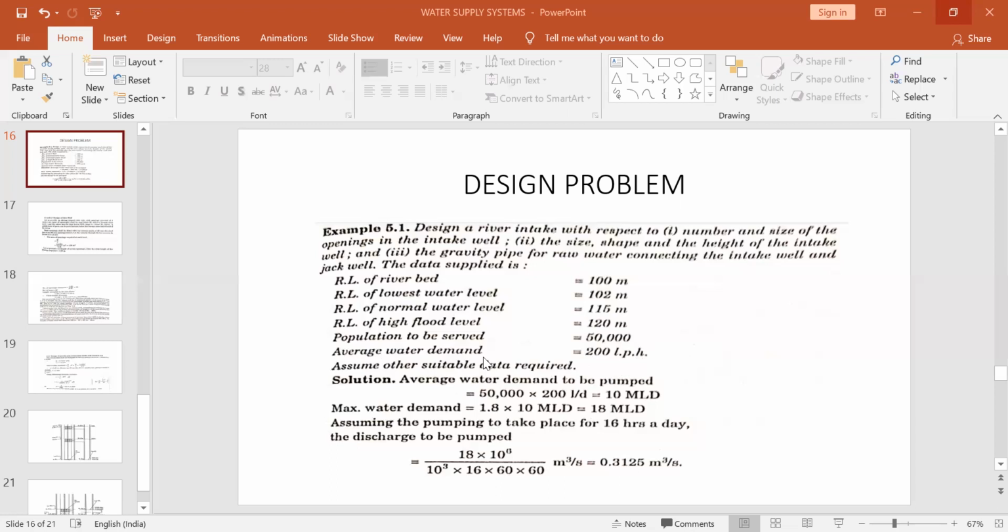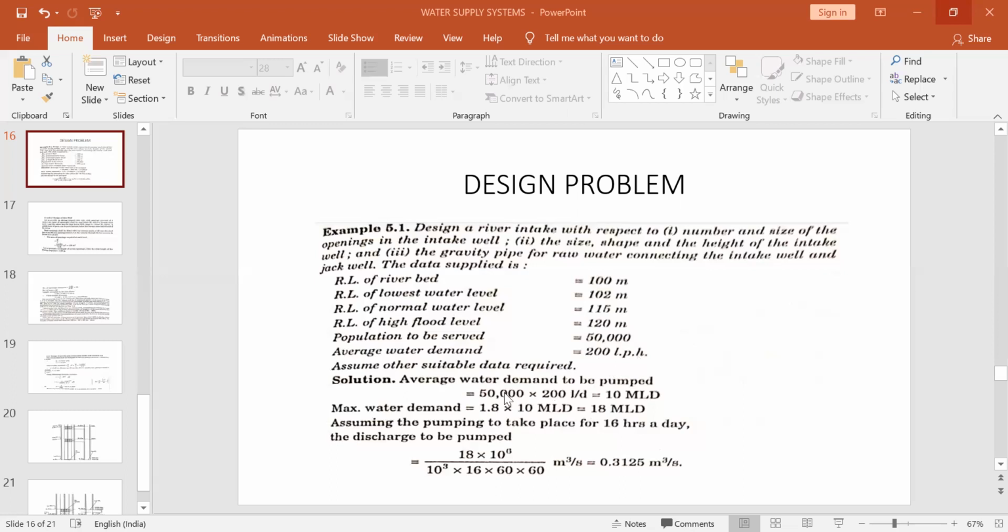First thing, for designing, we need to know what is the discharge that is being fed into the intake well. What is the discharge from the river that is being fed into the well? For calculating the discharge, we have to know the water demand. So, average water demand is 200 liters per capita per day. That means one person will use 200 liters.